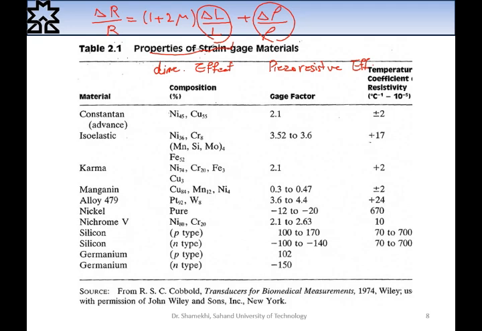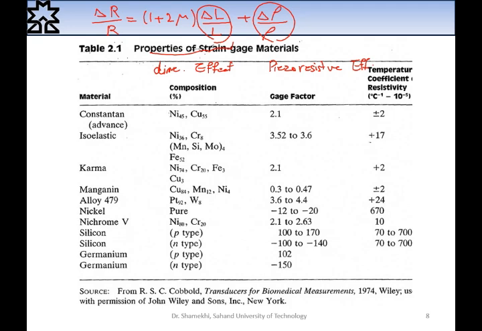Dimensional effect means that this is related only to the dimensional change, and piezoresistive effect means that this part is related only to the resistivity change in the strain gauge material because of the pressure or strain or structure change.